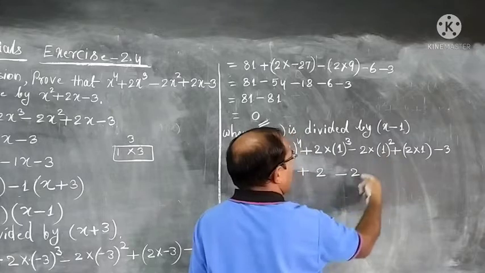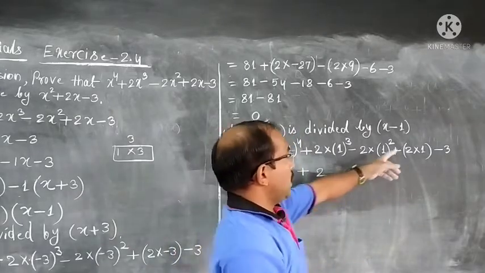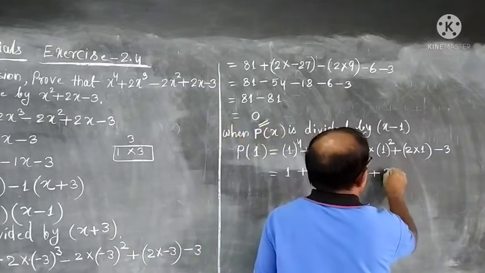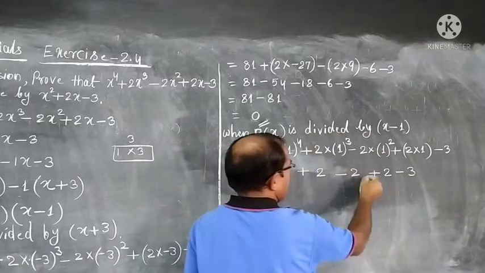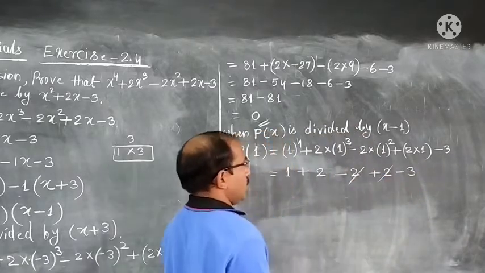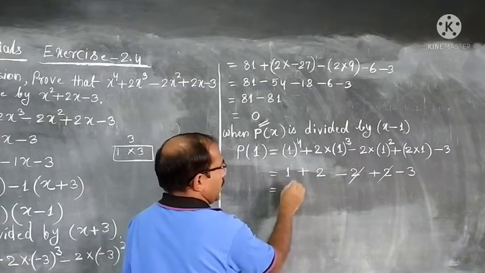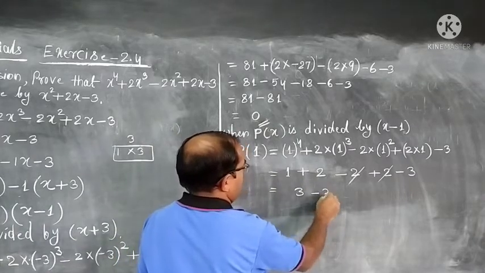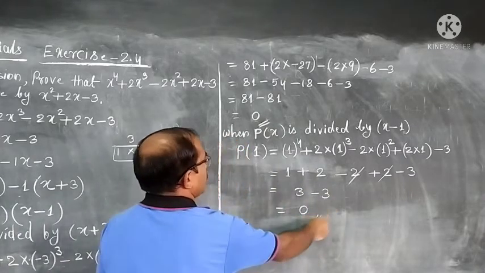So 2 ones are 2, again 2 ones are 2, and minus 3. We see plus 2 minus 2 became 0. We get 1 plus 2 minus 3, the remainder here is also 0.